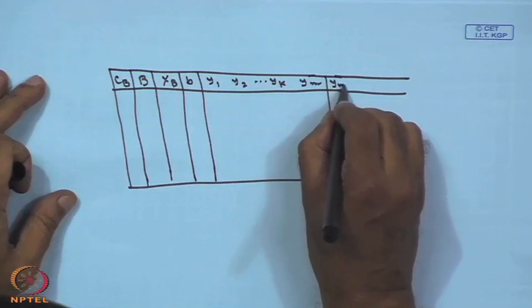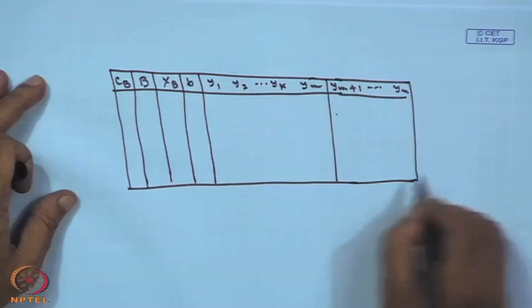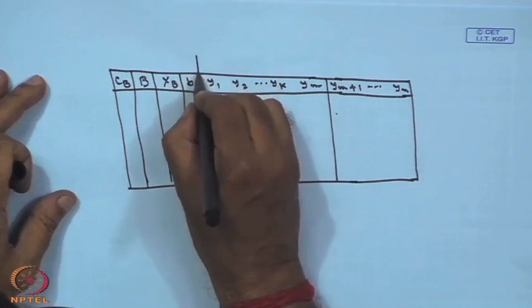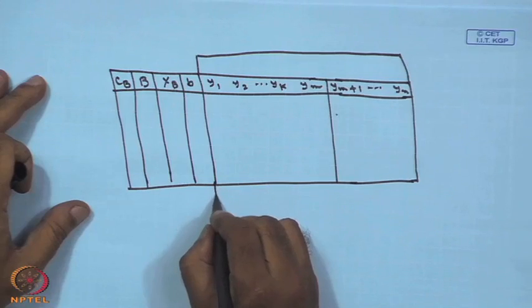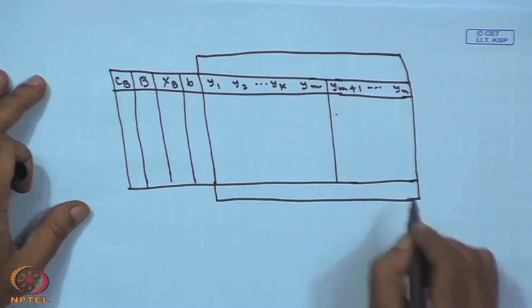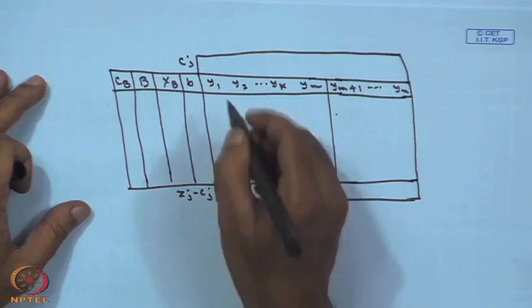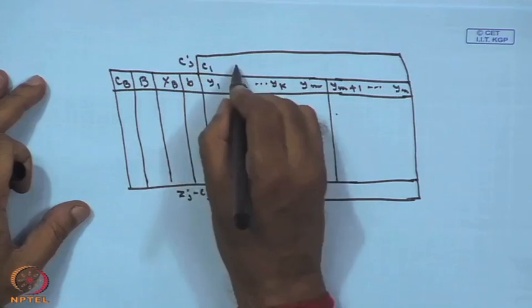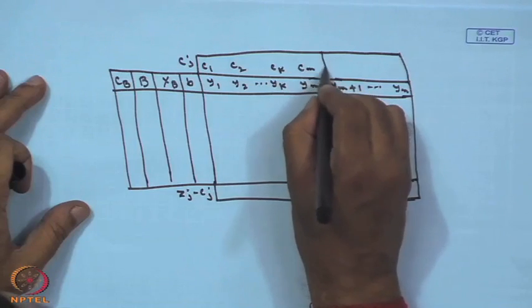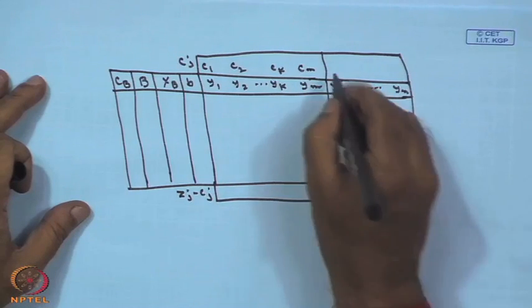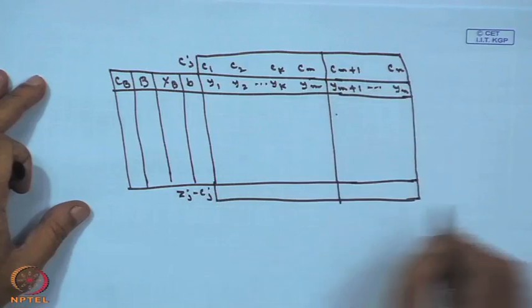Here you have ym+1 to yn, that is basically the n decision variables. Here you can incorporate some cost associated with it, this is Cj, and already you have done zj, this is zj minus Cj. So these values are C1, C2, Ck and Cm say, and these values similarly may be Cm+1 to Cn.